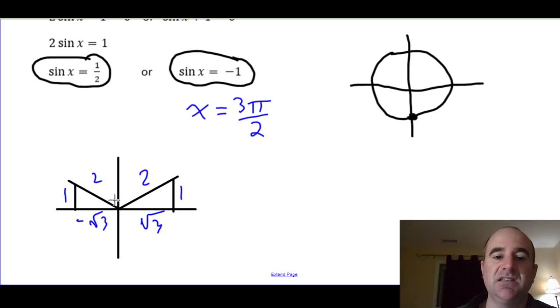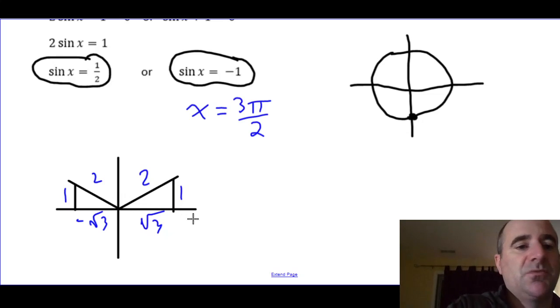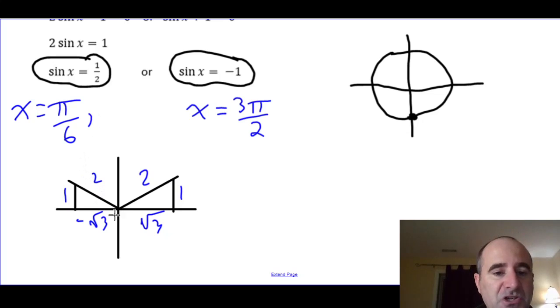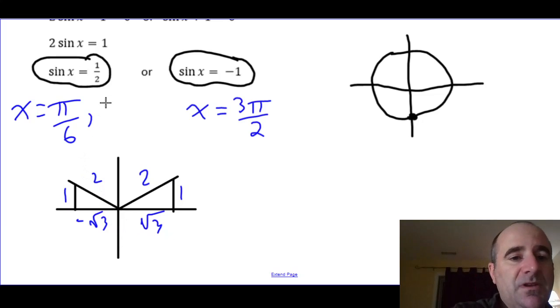And the angle inside here would have to be pi over 6. So we either have x is equal to pi over 6, or x is equal to pi minus pi over 6, which would be 5 pi over 6.